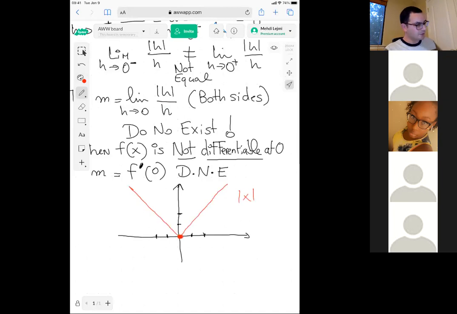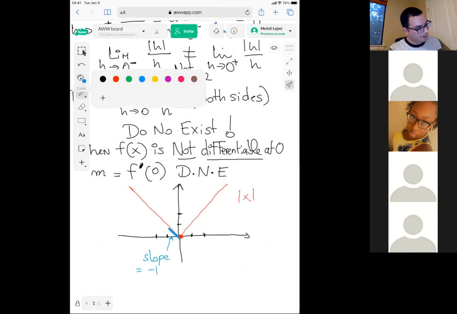What happens at 0 is that you see the slope from the left. The slope from the left is actually negative, because the function is going down, so the slope from the left is -1.